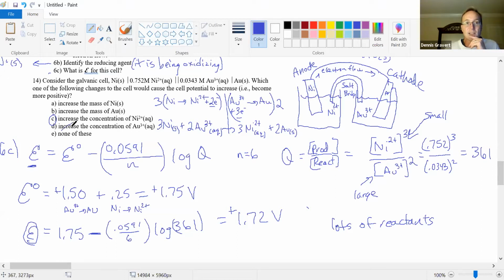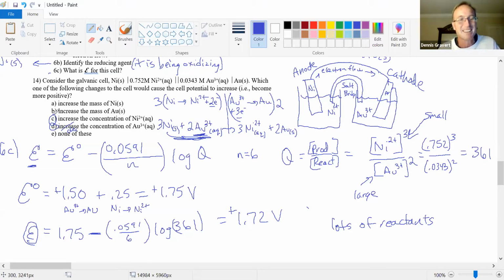If it said decrease here, that would also be correct, right? If you reduce, did I do this right? Nickel. Oh, I'm looking at this equation, sorry, got confused. Yeah, this is your reactant. So I did not do it right.